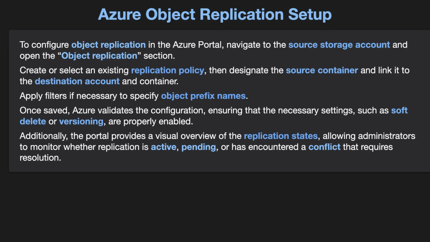Once saved, Azure validates the configuration, ensuring that the necessary settings, such as soft delete or versioning, are properly enabled. Additionally, the portal provides a visual overview of the replication states, allowing administrators to monitor whether replication is active, pending, or has encountered a conflict that requires resolution.